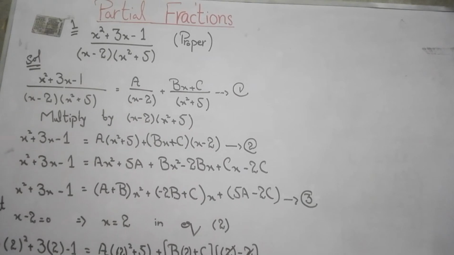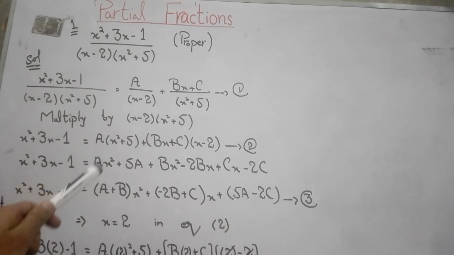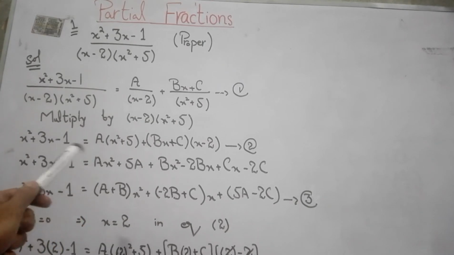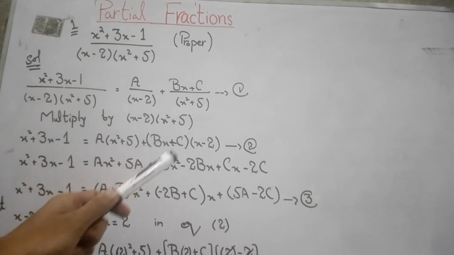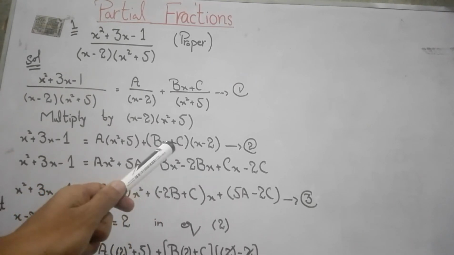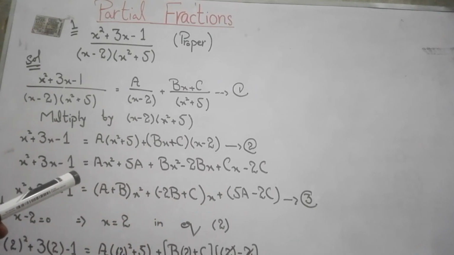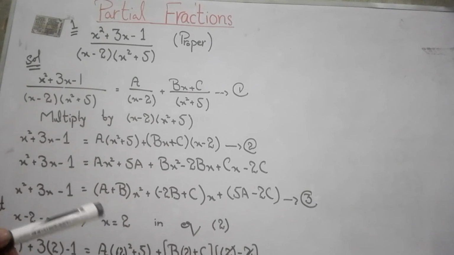Now move forward. x squared plus 3x minus 1 will remain as it is. Now multiply them. a times x squared gives ax squared plus 5a. Similarly, bx squared minus 2bx plus cx minus 2c. Now collect the coefficients of the same variable on the right hand side.